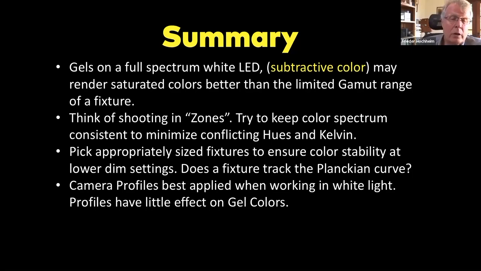So those LEDs are going to drop out first. And when that does, now all your colorimetry goes out the window. So it does make sense to have various sized instruments. If you're going to be working in tight, work with something small, something that you know is going to hold color. Also ask, is this fixture tracking on the blanket? I mean, how well does it do that?